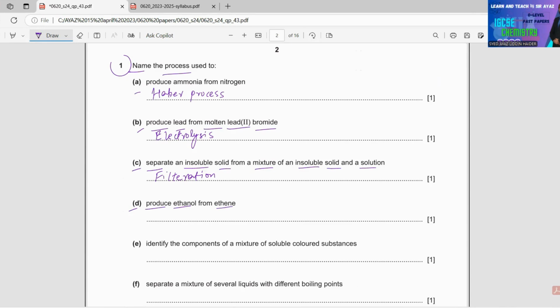The process is addition. It's a type of addition reaction. So you will either write hydration or catalytic addition. Hydration means addition of steam or water to ethene here. Hydration of ethene. Hydration or catalytic addition.